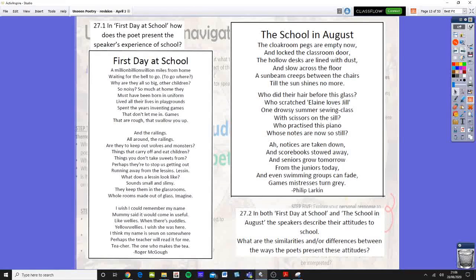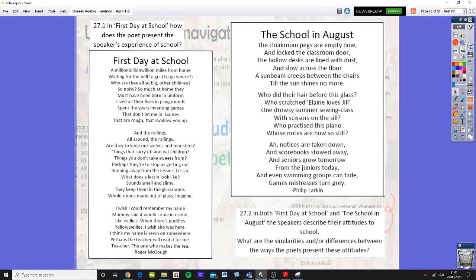First day at school. A million billion willion miles from home, waiting for the bell to go. To go where? Why are they all so big, other children, so noisy? So much at home they must have been born in uniform, lived all their lives in playgrounds, spent the years inventing games that don't let me in.